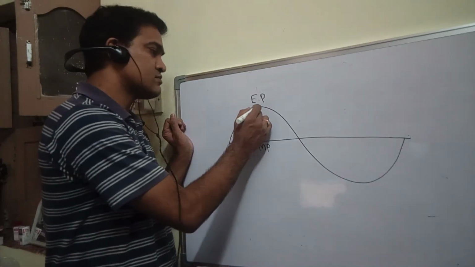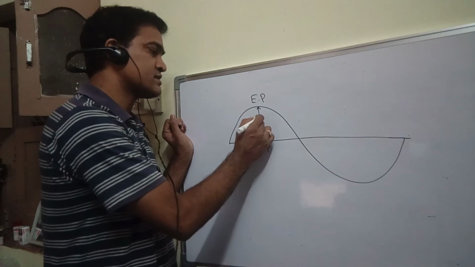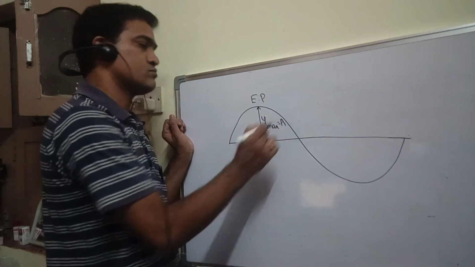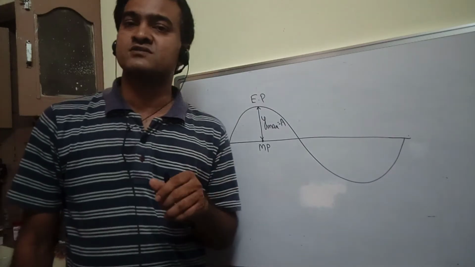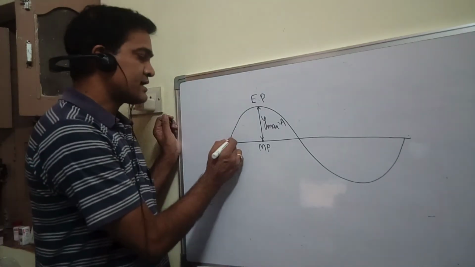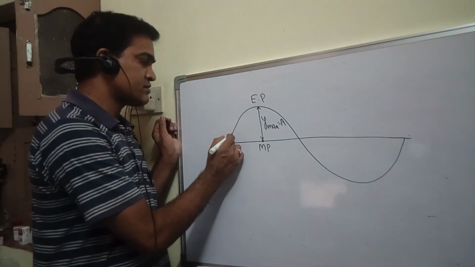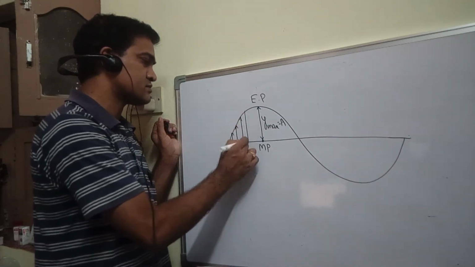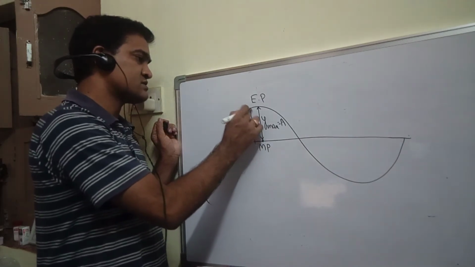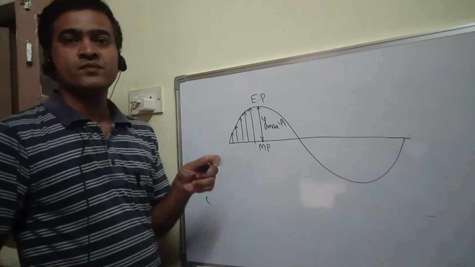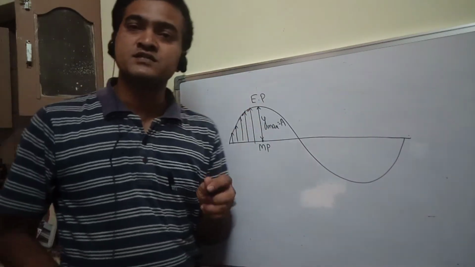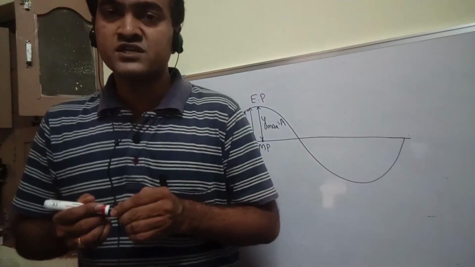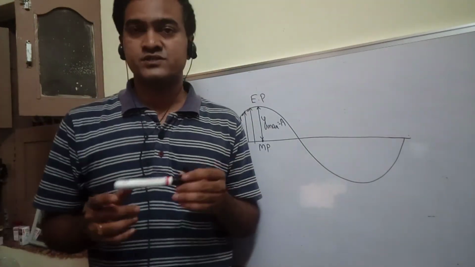So this maximum displacement, Y max, I am simply denoting as A. See here, particles are vibrating at different positions, but which one has maximum displacement? The topmost point has maximum displacement. So this maximum displacement of a particle from the mean position is called amplitude.